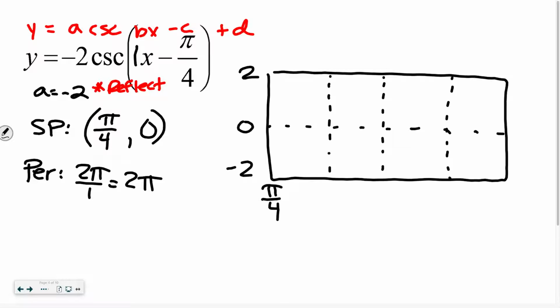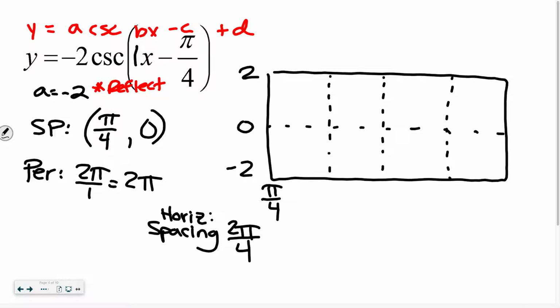Then I started at pi over 4 for my x because I had a horizontal shift, pi over 4 to the right. So to get the rest of my values, I'm going to use my horizontal spacing method. This would be method 2. I'm going to take my period, 2 pi, and divide it evenly by 4. Now that's really pi halves, but because I'm starting at pi fourths, I'm just going to leave it alone because they have common denominators.